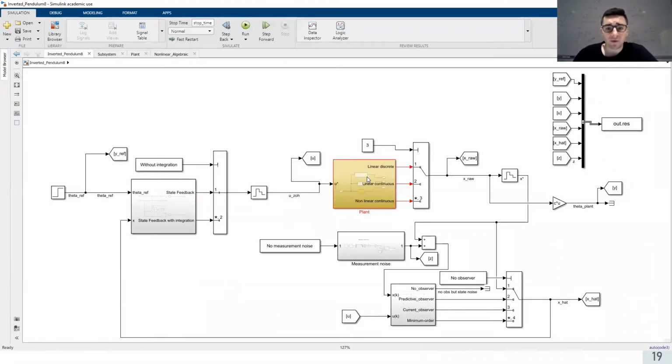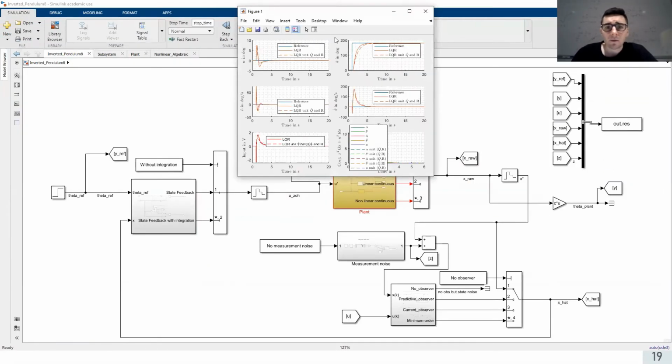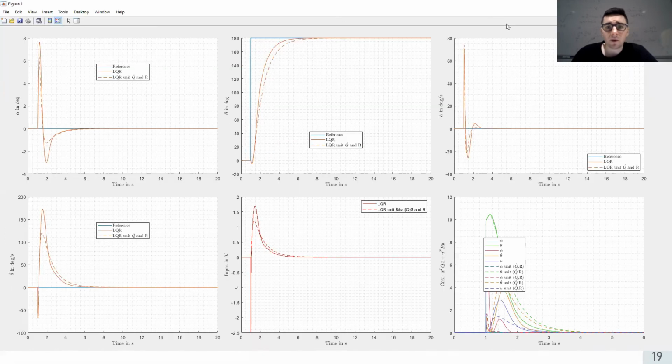And if we have a look at the results, once again, we can compare two strategies. The first one is LQR with unit Q hat and R. So these dashed lines mean that each eigenmode has a weighting of 1 and R has a weighting of 1. And for the solid line, each eigenmode has a weighting of 1, unless the first eigenmode has a weighting of 10, and R is not changed, at 1.